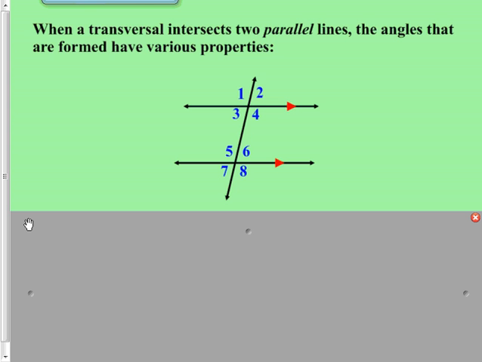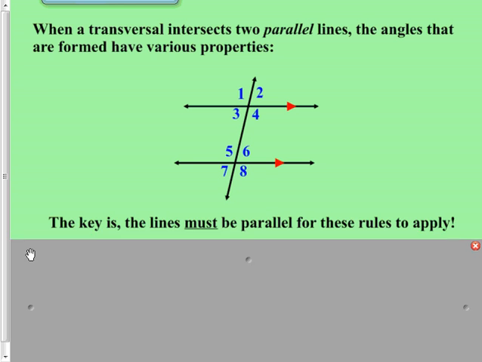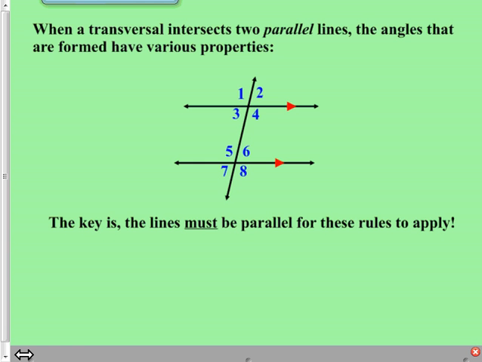And you can notice in the diagram there that the lines are parallel because of the little red triangles inside of the body of the lines. That was one of the ways that they can tell us that we have parallel lines, little matching arrows or little matching triangles in the body of the lines. Okay, so the key is that everything we are looking at today, in order for any of it to be true, the lines must be parallel.